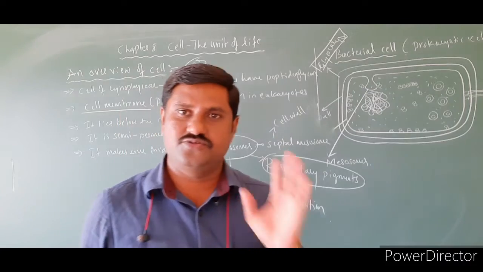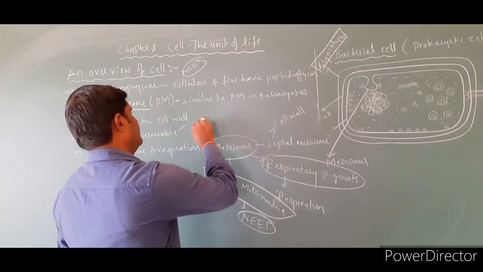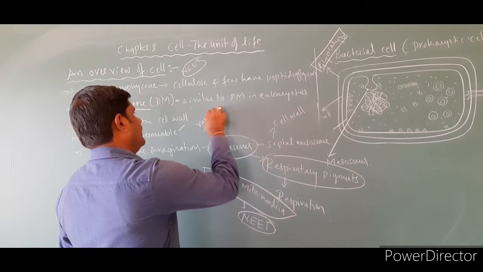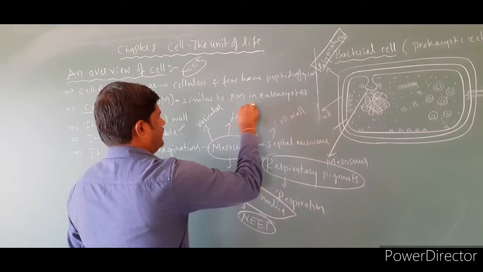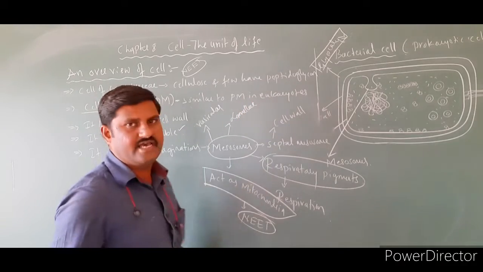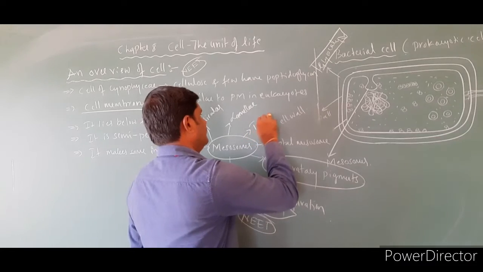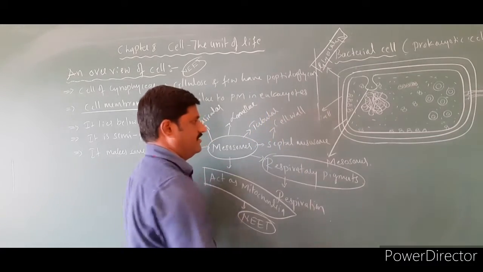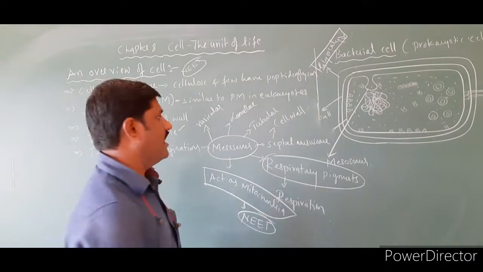Some mesosomes are vesicular in nature, lamellar or lamellae type, right? Some are tubular, right? So what is the major function of mesosome if you are asked?